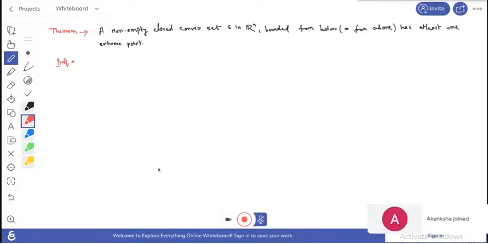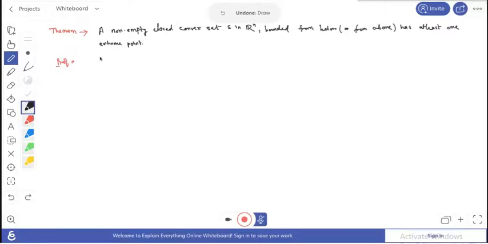Okay, so here if we take one dimension, you know that since this S is closed and bounded, if you take from below, that is n equals to 1, n equals to 1 means one dimension.